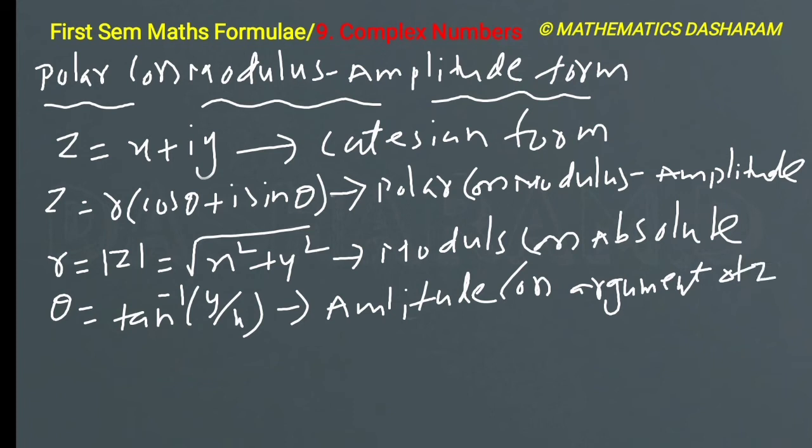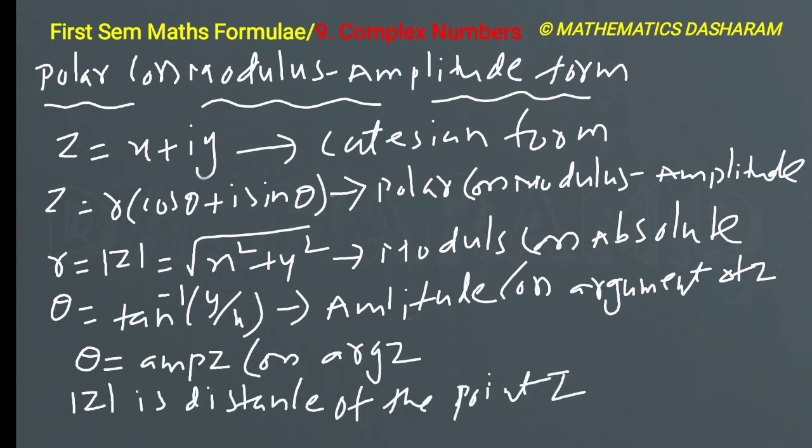So it can be written as amp z or arg z. So mod z is the distance of the point z from the origin.